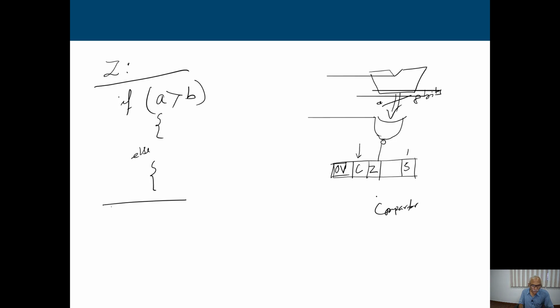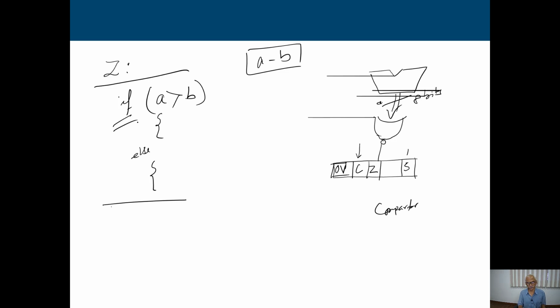But if we don't have greater than or less than flag bits, then to get the effect of A greater than B, I can perform the operation A minus B in the ALU. Depending on the result, some bits will be set or reset, and we can check those bits to implement such an effect.